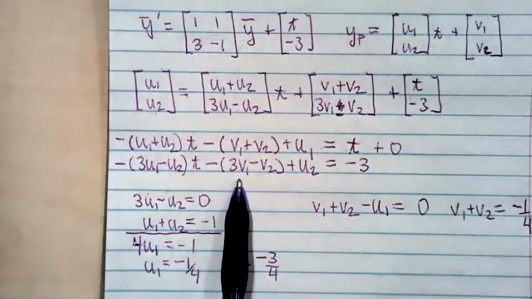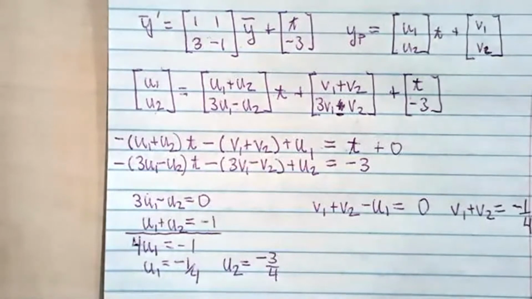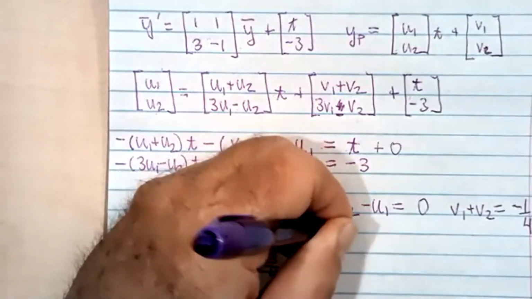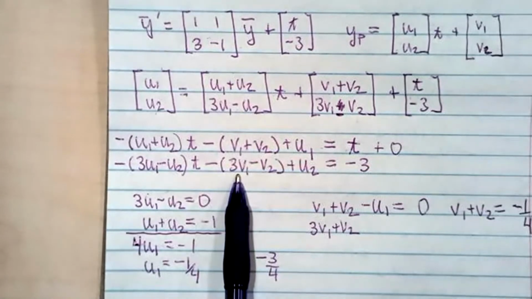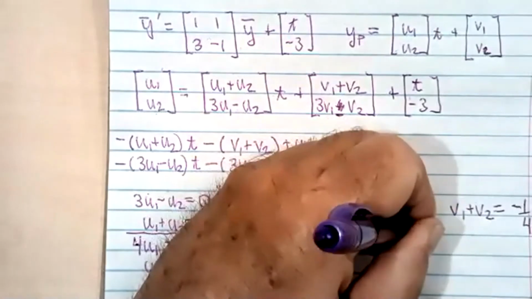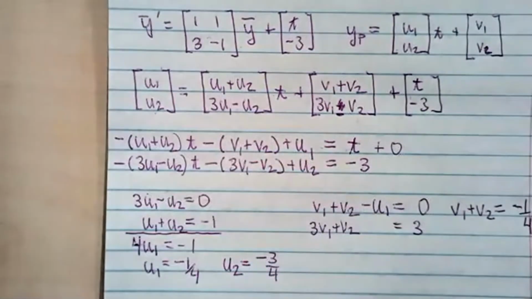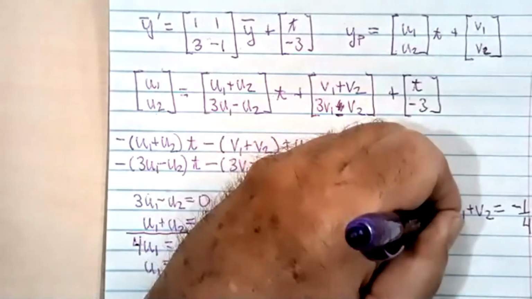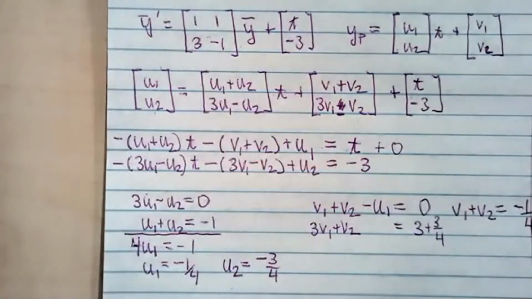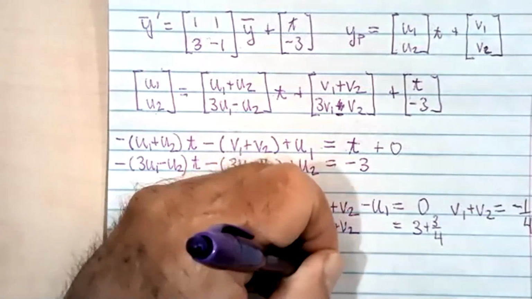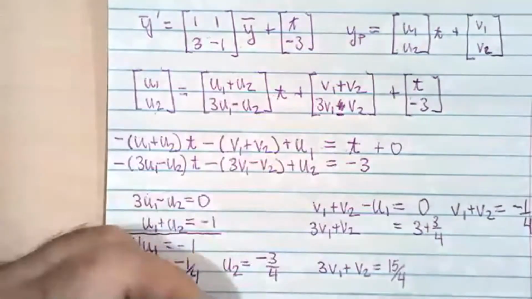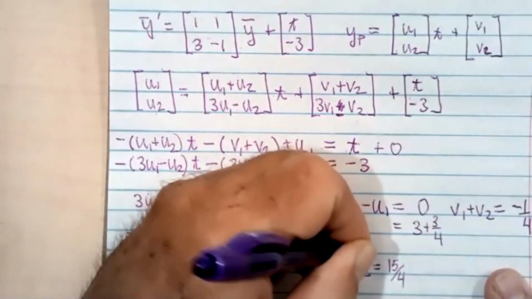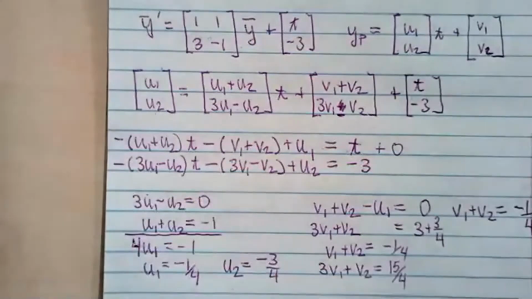And how about this one down here? Reasoning in the same way, 3v1 plus v2, then I'm taking the negative already, so I've got a 3 over here from this, and then I subtract u2, but u2 is 3/4. So it looks sort of like that.